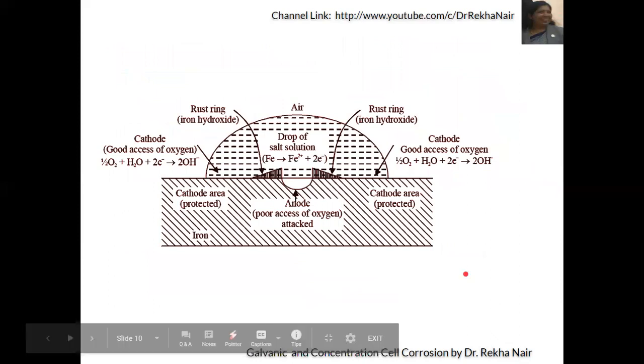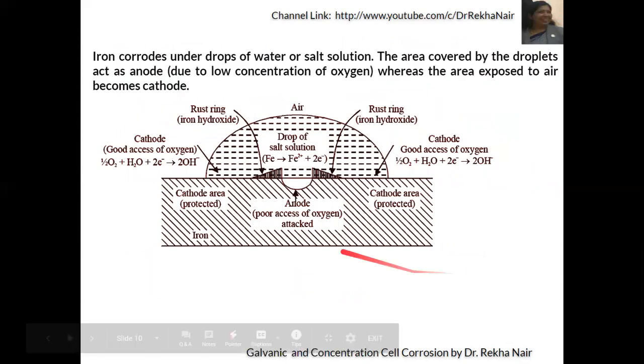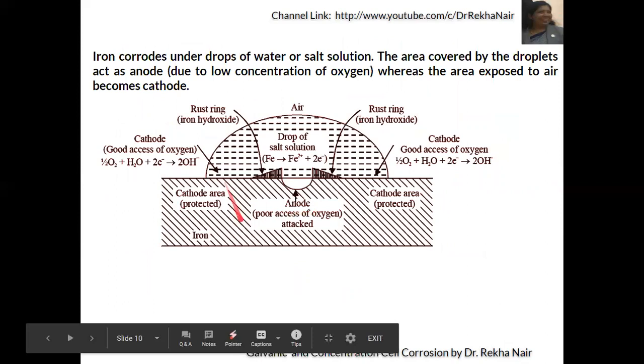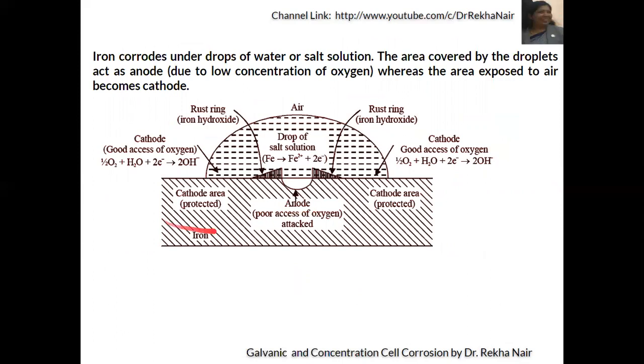The other example is the case of an iron piece under drops of water, or we can say a salt solution. The covered part will act as anode, and the area exposed to air will act as cathode, because here there is a pit and a drop of salt solution.